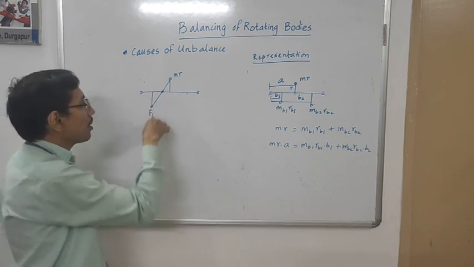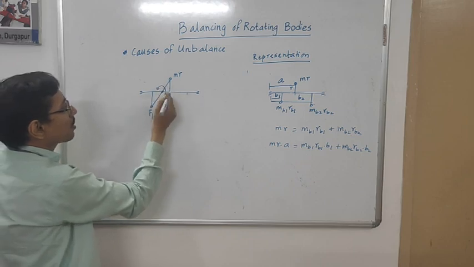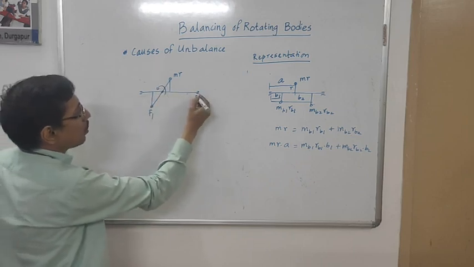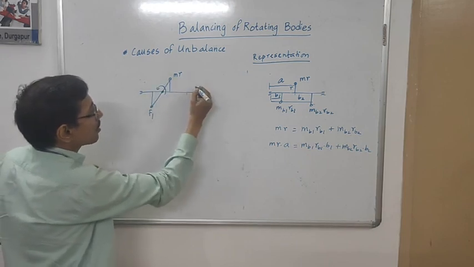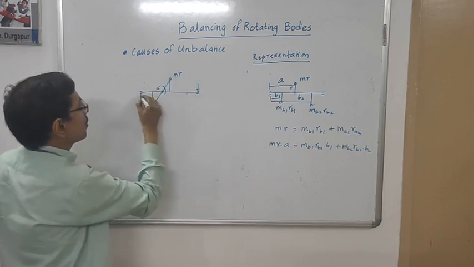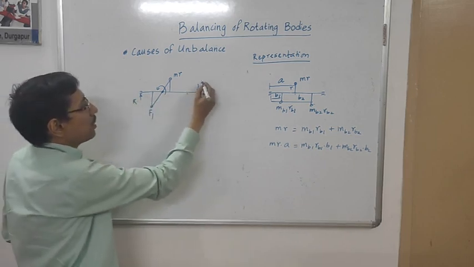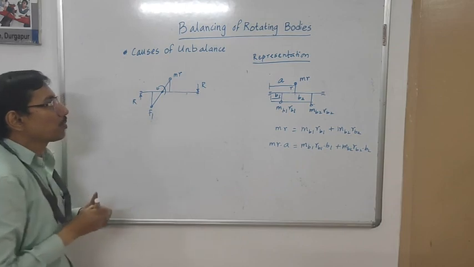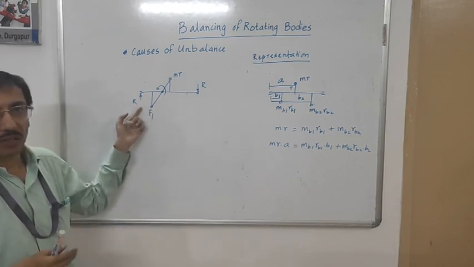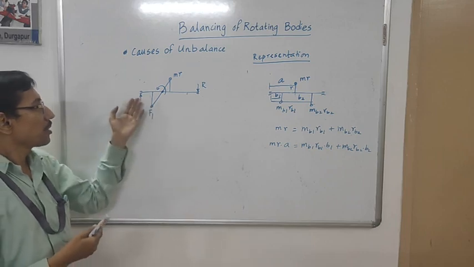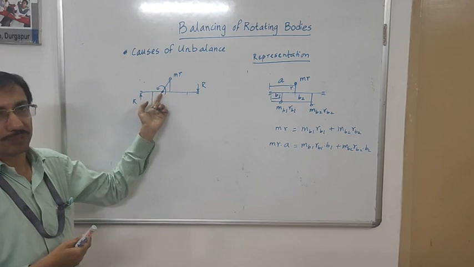So once it is unbalanced, its couple would be acting like this. So it should be balanced by another couple in the clockwise sense at the support reactions. So this couple can be transferred to the support reactions, and the supports will sense the presence of some additional load due to the unbalanced couple.